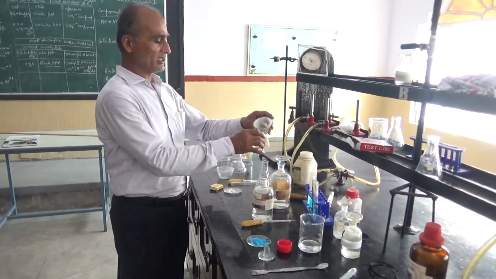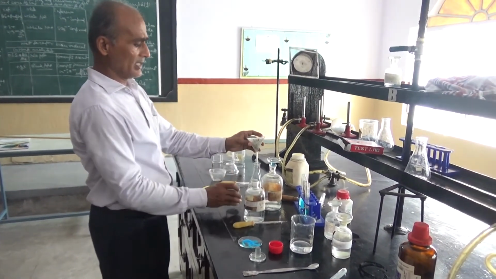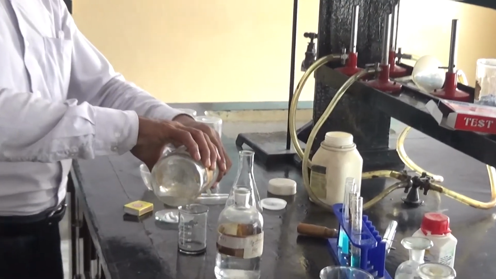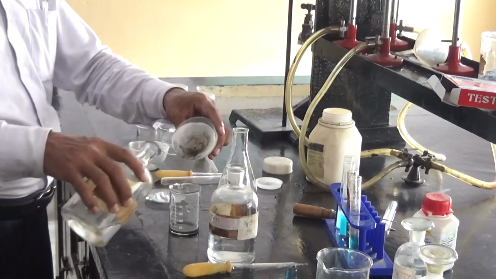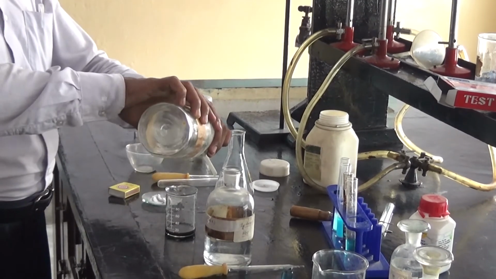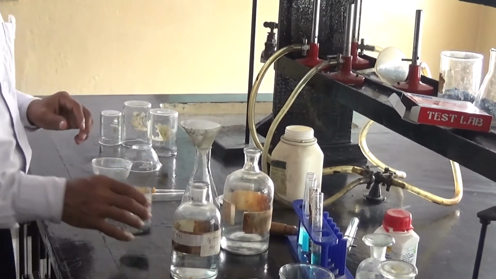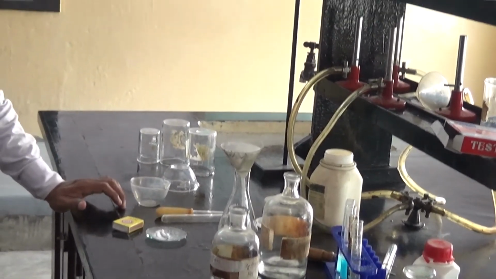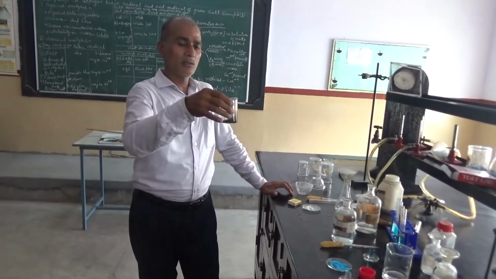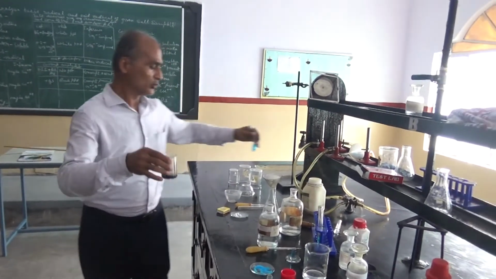This residue we have to take in another beaker and mix with 50% nitric acid. Now make its solution. Now divide this solution into two parts.